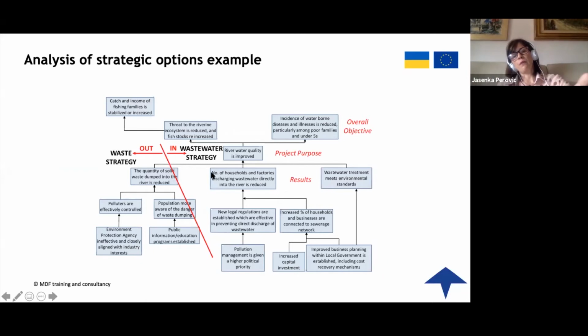Some of the things will stay within the project proposal, and what is at the level of the main problem becomes the project purpose. The first row below that are the results, and the first row above the project purpose is the overall objective.